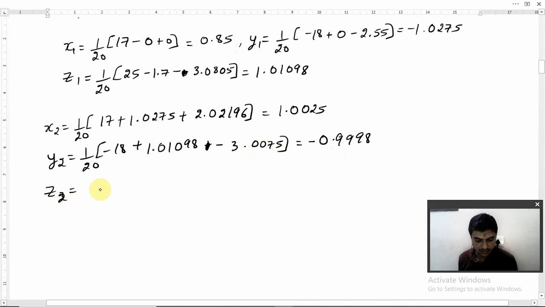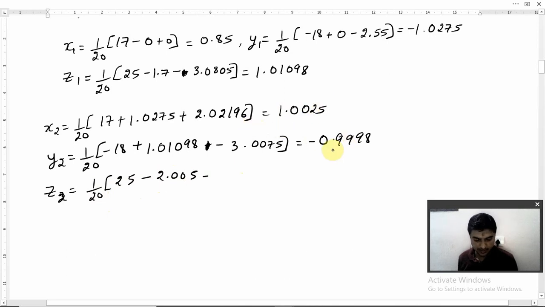So next is z2, the second iteration z2. So this will be equal to 1 upon 20, 25 minus 2 into x. X is 1.0025, so it will become 2.005 minus 3 into y.